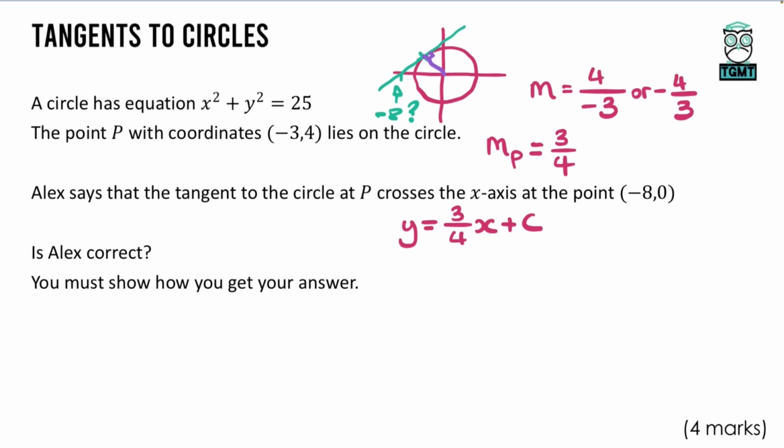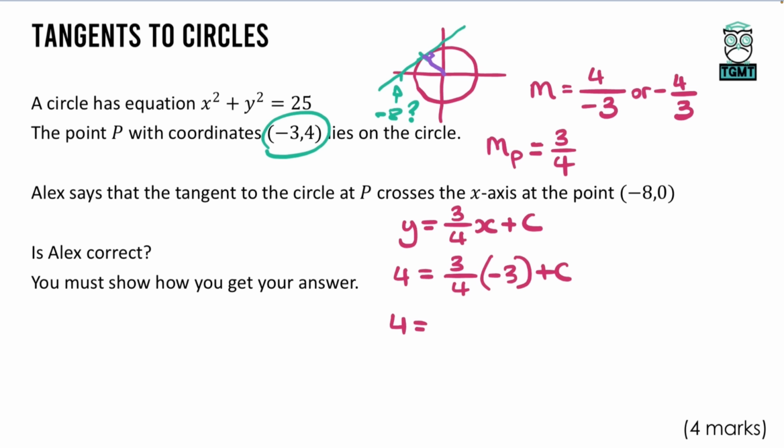To find that y-intercept, you just substitute the coordinate that's given to you on that line. So -3, 4. So y is 4, and that's equal to 3/4 multiplied by -3 plus c. -3 times 3/4 isn't actually difficult to do without a calculator. You just multiply the numerator by -3.